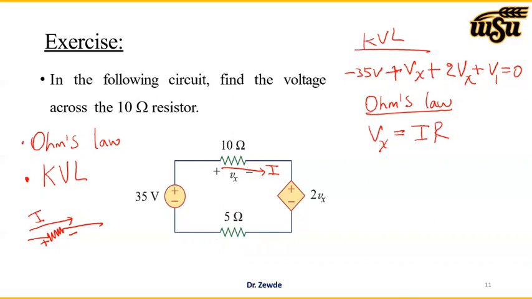V equals I times R. Now the voltage is Vx, I is the current and R is the resistance.